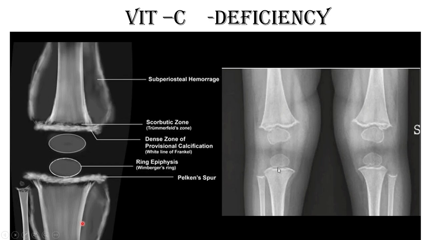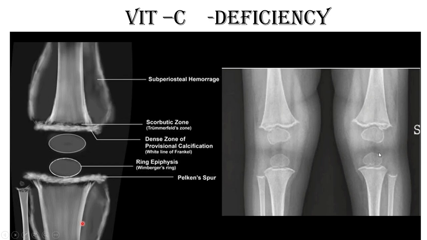So as a total, let me give a revision. Subperiosteal hemorrhage is the most common. Then this radiolucent zone is called the scorbutic zone. Then the zone of provisional calcification is dense, called the dense zone of provisional calcification, or the white line of Frankel.